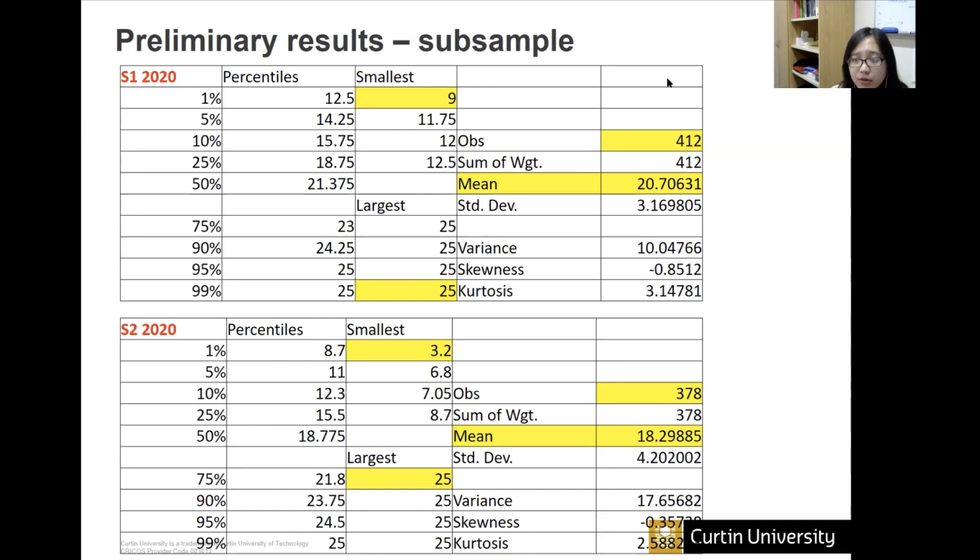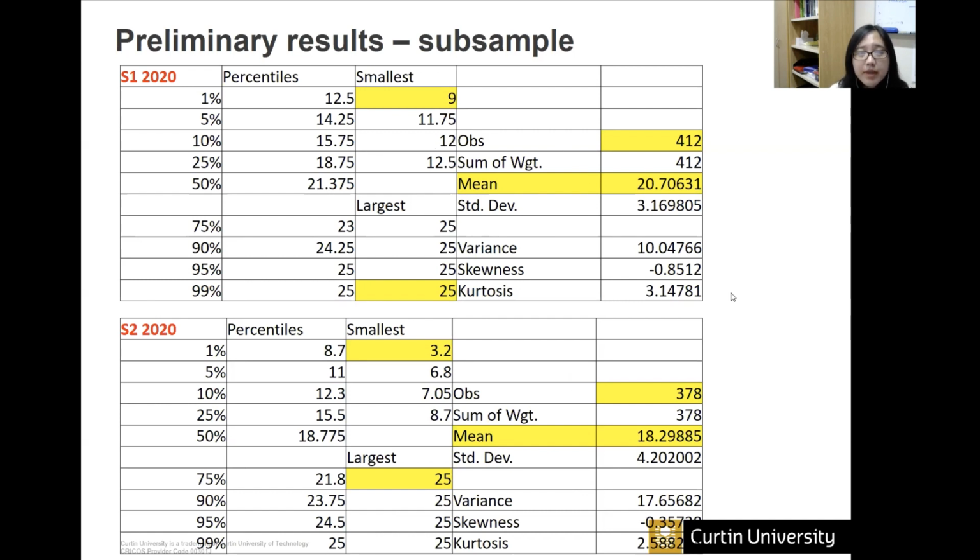So the number of students actually declined. The mean score is 18.29, and the lowest score is much lower than in semester 1. You can see that 3.2 is about a third of the lowest score in semester 1. And the highest is 25.